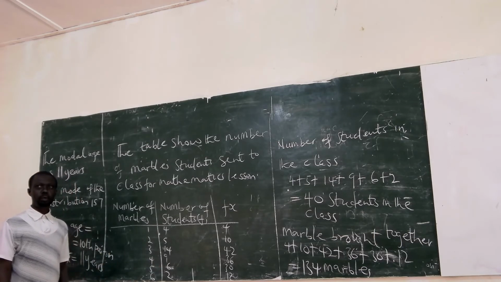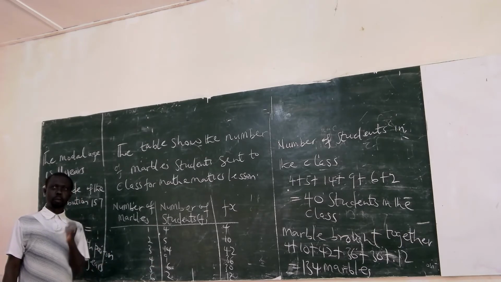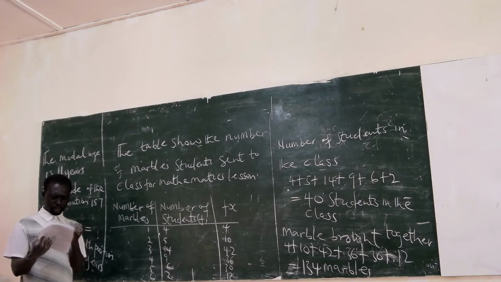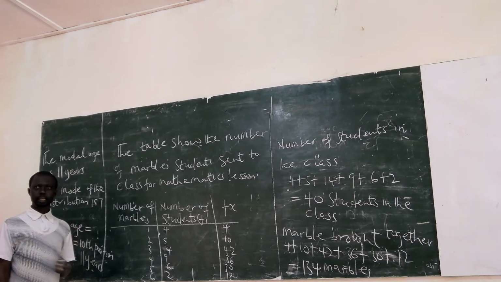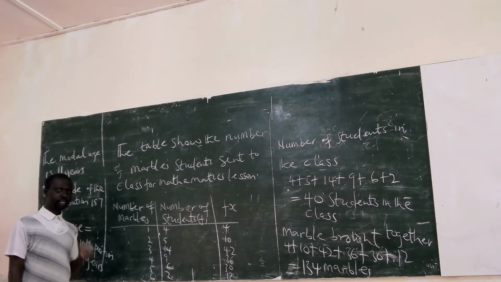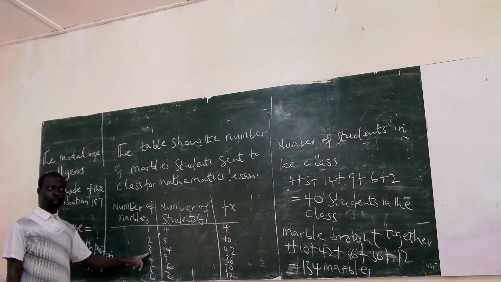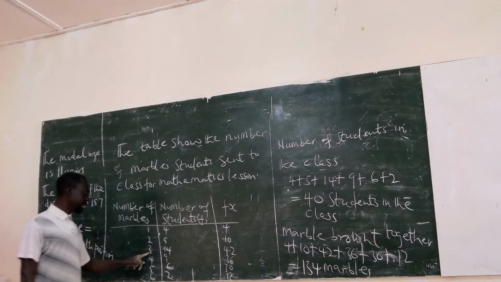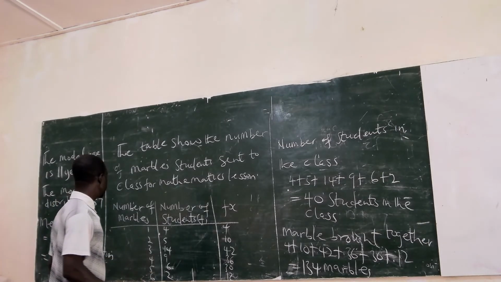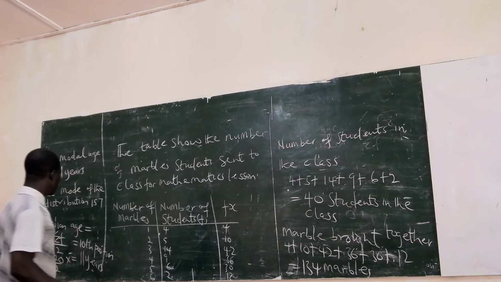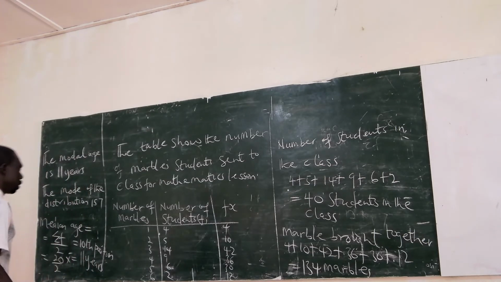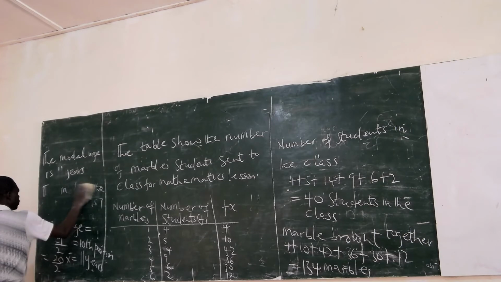Which number of marbles did most of the students bring? 3. The 14 is more, right? They bring more than the other marbles. So the answer here is 3.